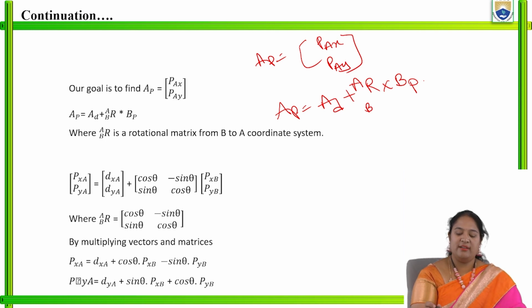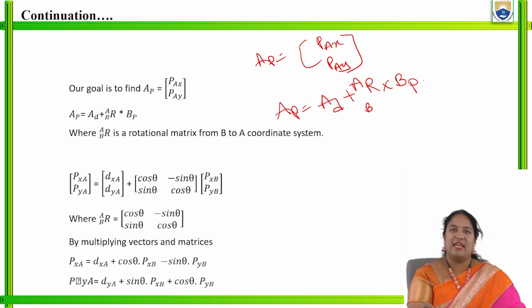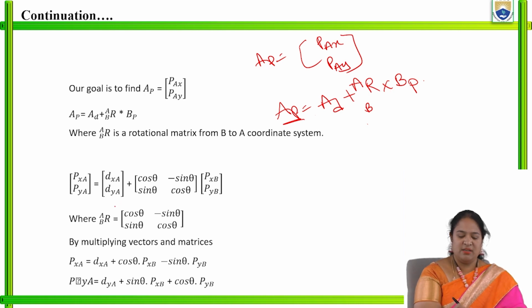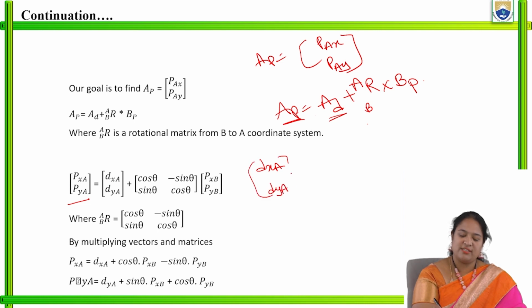When we consider the coordinates A and B, we need to find this vector in the coordinate A. In order to find it, we write the displacement vector of A plus the rotational matrix from B to A into the vector of B. This AP we already know is Pxa and Pya, which equals the displacement vector dxa, dya in terms of x and y direction.